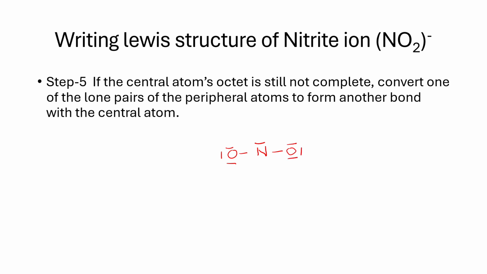Now, since the central atom's octet is not complete, we take any of those two peripheral atoms and use their electrons to make the second bond. So let's choose this one. Now, if we do that, we will have this.